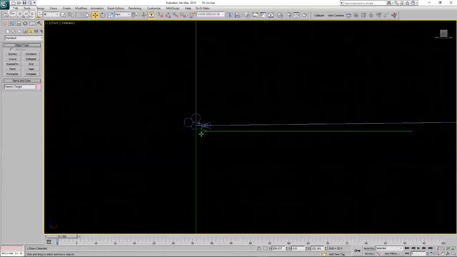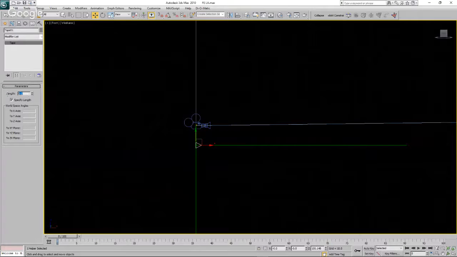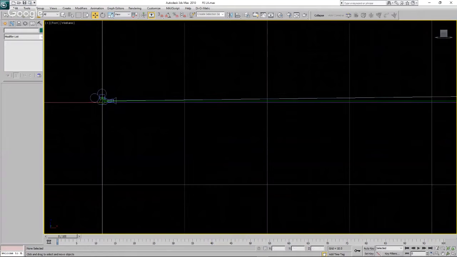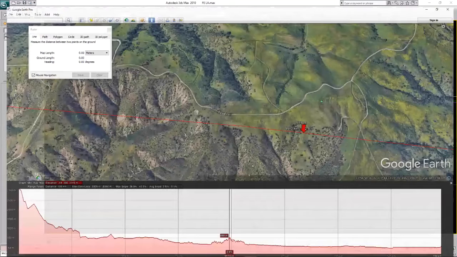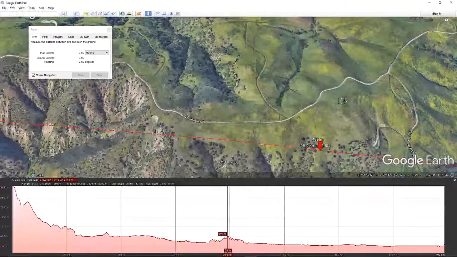Okay, so it doesn't matter where this is. This is just going to get the distance. 99.251. And how high was that again? 541? And we'll go for the peak of it. Yeah, right around 541. Seems to be it.